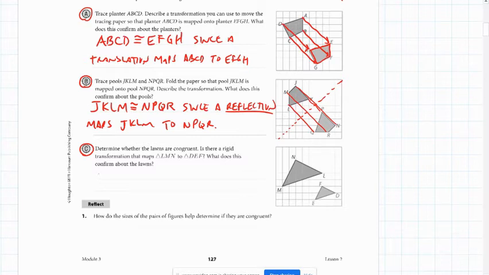So we say triangle LMN is not congruent to triangle DEF since distances are not preserved.